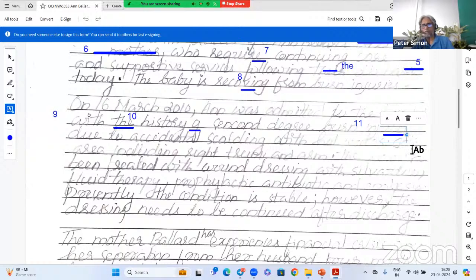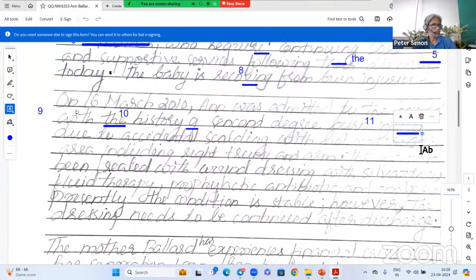Not able to read properly, see? Hot water in the area, including right trunk and arm, the right trunk.